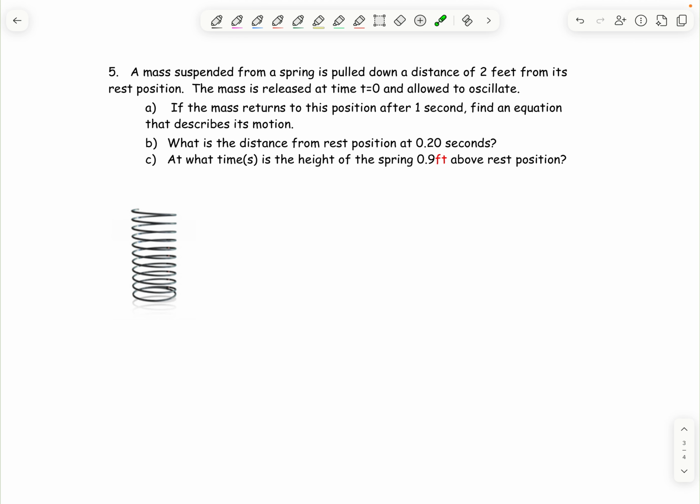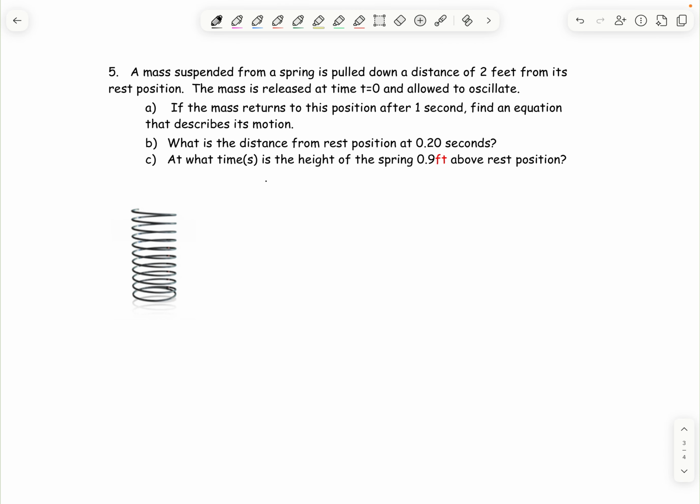Okay, so this one's an interesting one. If the mass returns to its position after 1 second, find the equation that describes its motion. This is like the period. What is the distance from rest position at 0.2 seconds? And at what times is the height of the spring 0.9 feet above the rest position? Okay, so we have 3 different types of sub-problems here, which is what makes this a good problem.